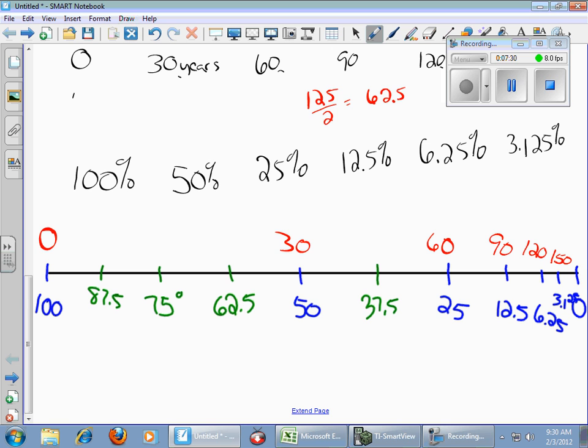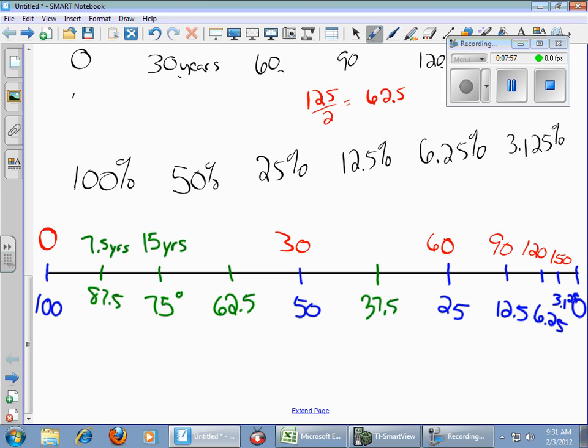But let's say the problem was asking me, oh, I should put the years up, shouldn't I? Okay, well, if 100% to 50% is 30 years, then the halfway point must be 15 years, right? Now, what's the halfway point between 0 and 15 years? Well, half of 15 is 7.5 years.